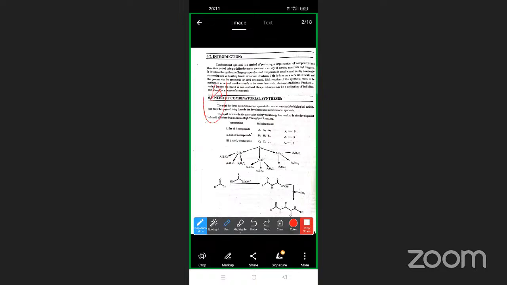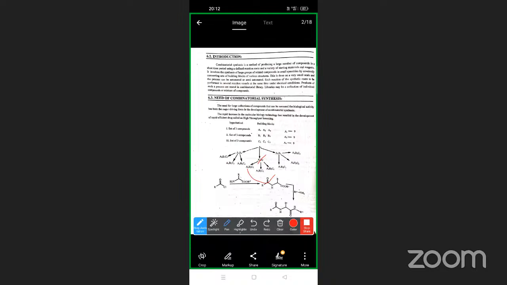To this A1 we are adding the B1, then it becomes A1 B1. So to this we are adding C1, for example, then it becomes A1 B1 C1. So like that. Again, to the A1 B2, add the same C1, C2, C3 here.